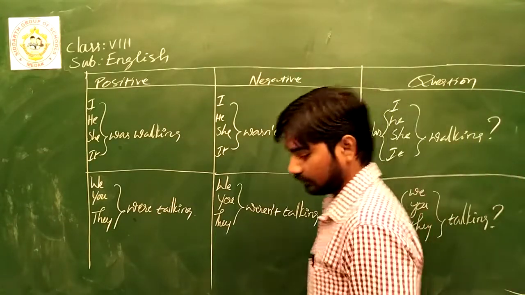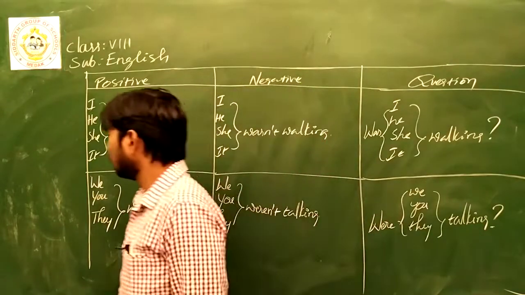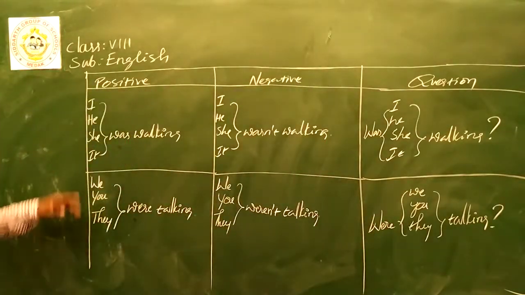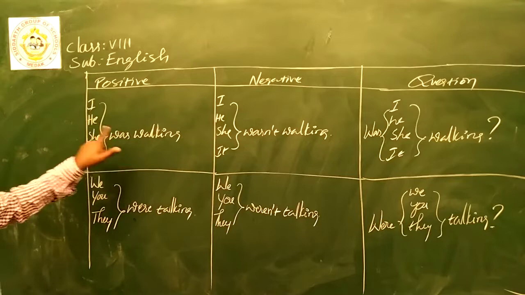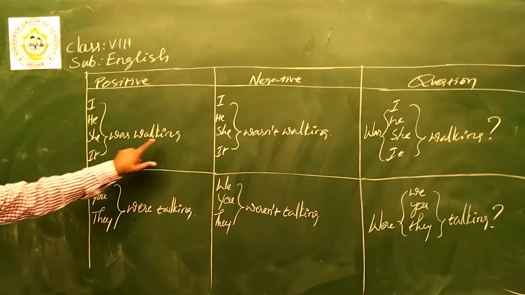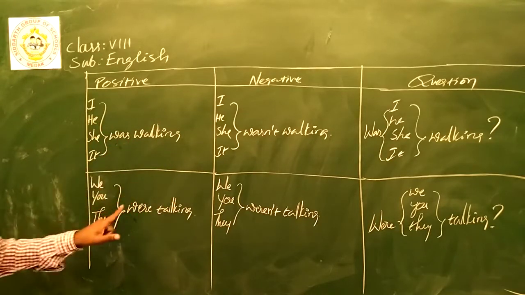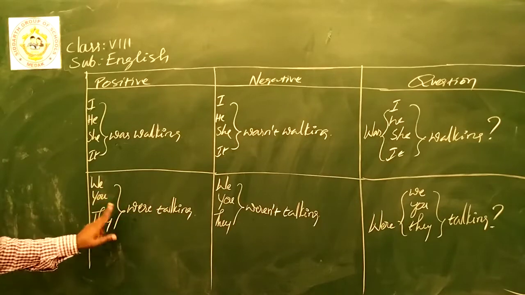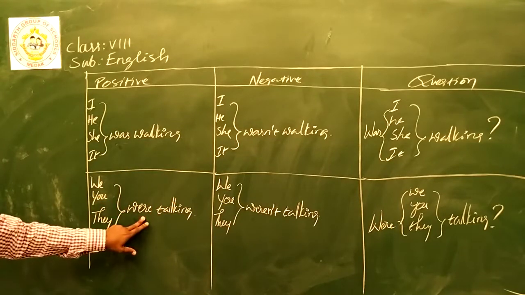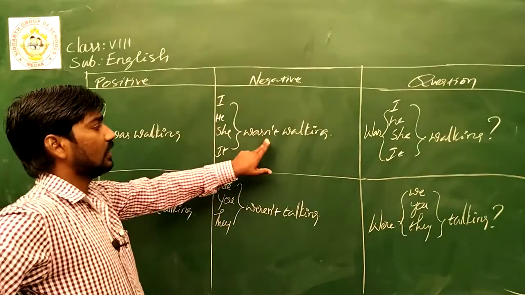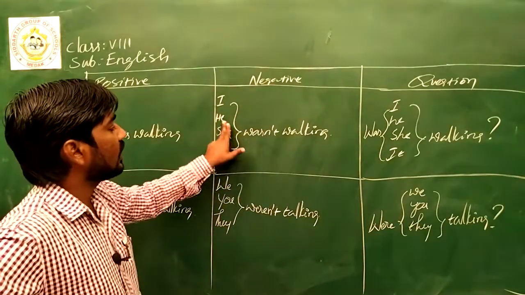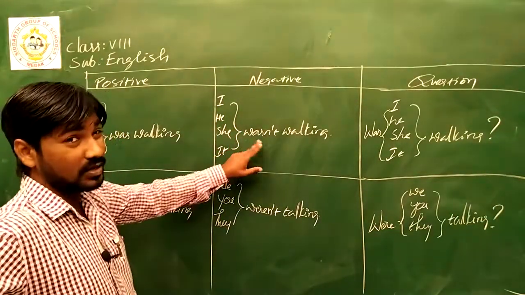Copy this. Look at the board once again. I was walking, he was walking, she was walking, it was walking. We were talking, you were, they were. Negative sentence, not. I wasn't, he wasn't, she wasn't, it wasn't.